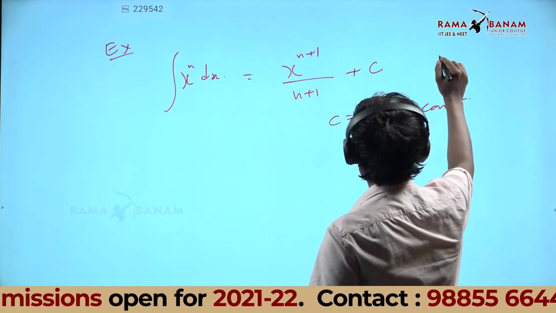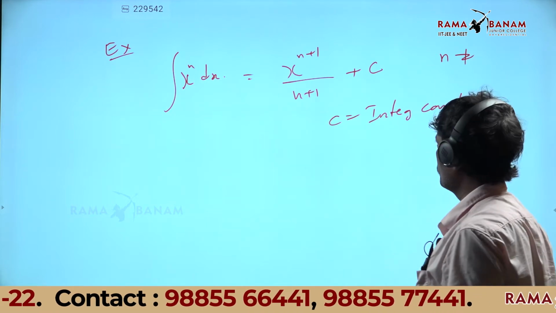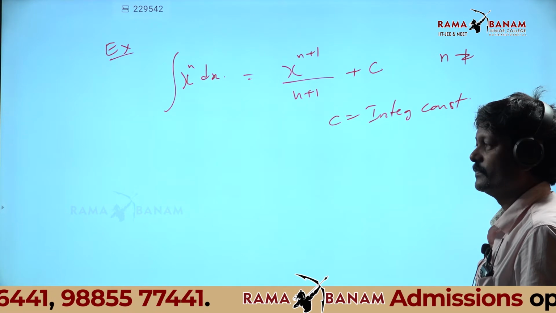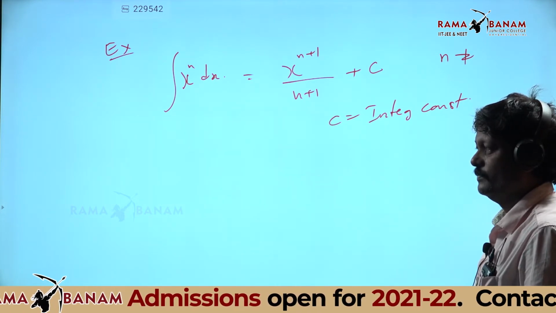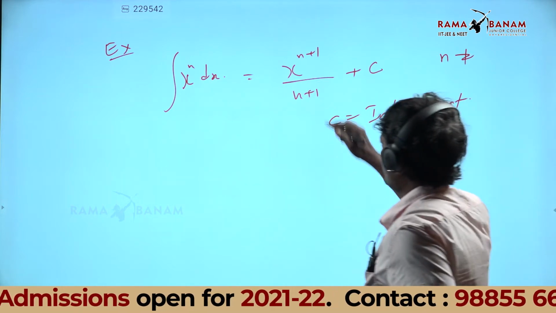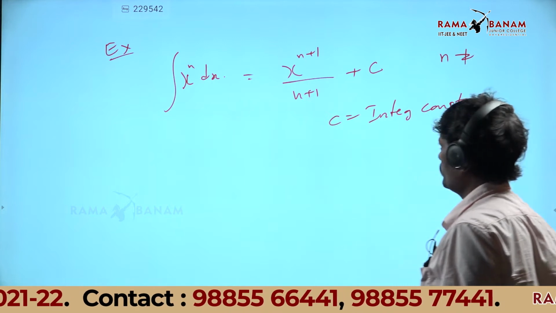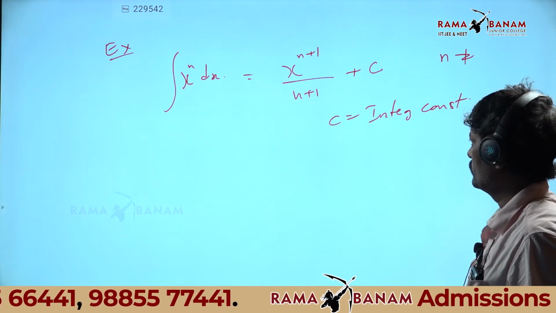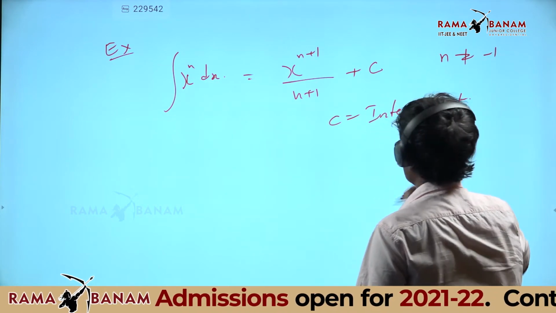And n not equal to what? Can anyone guess? n not equal to how much? No, n equal to 0 means no problem, you will get x power 1. Minus 1, exactly right. n not equal to minus 1.